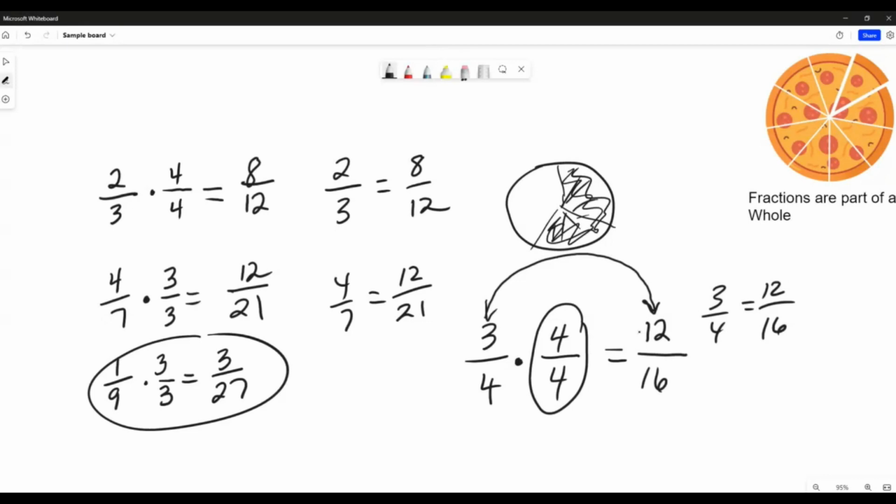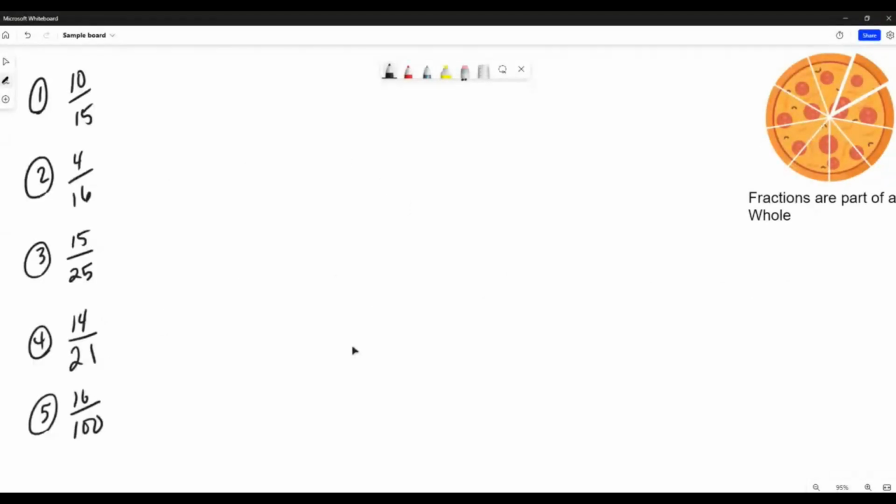So we're going to reduce the fraction to the lowest possible terms.